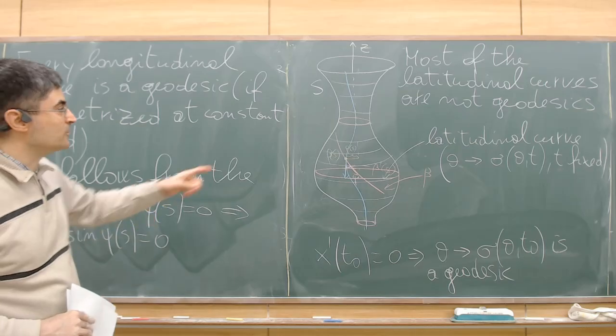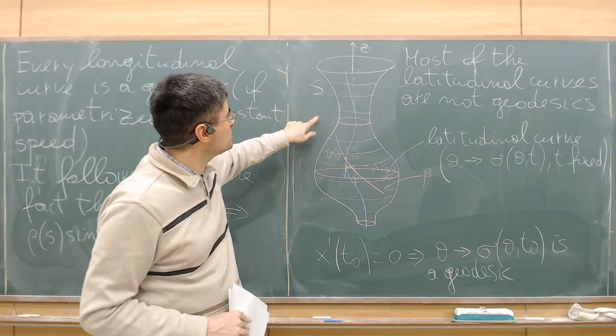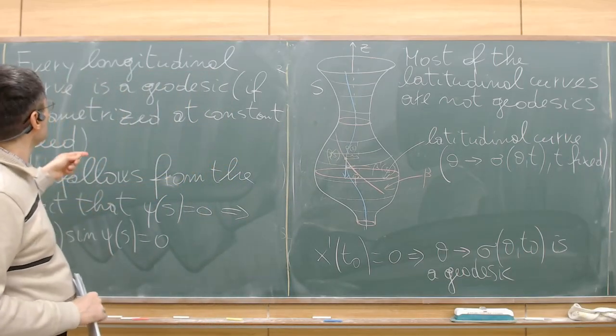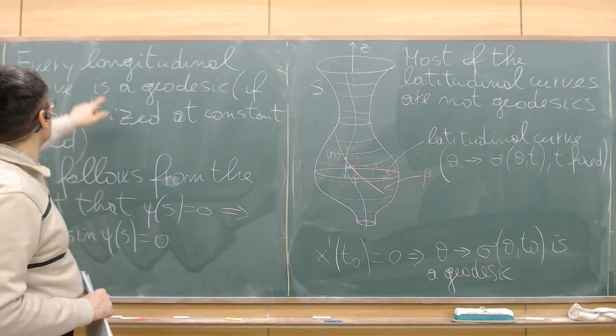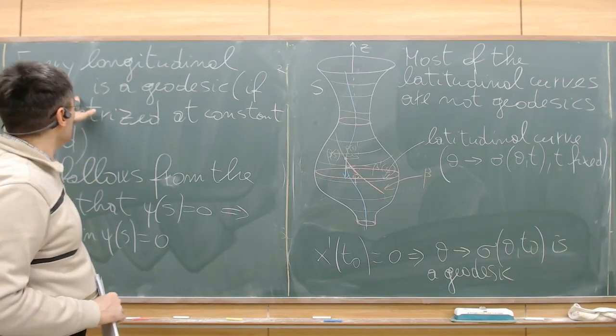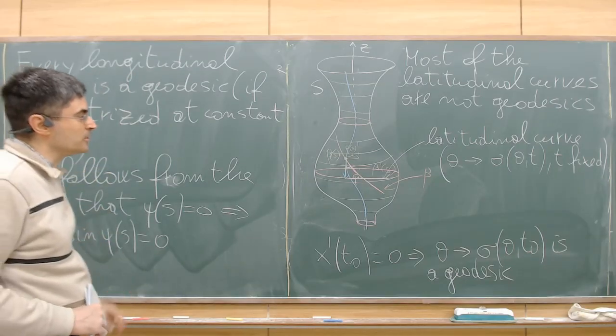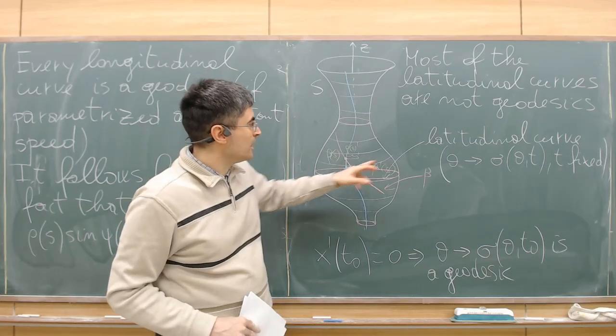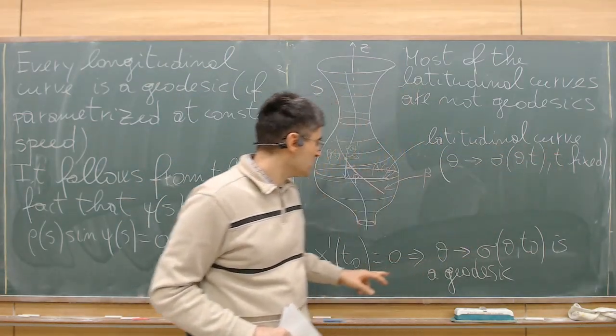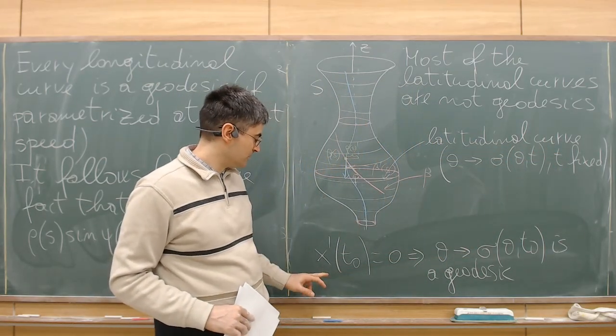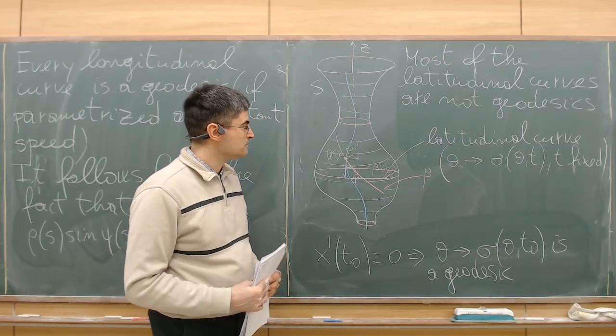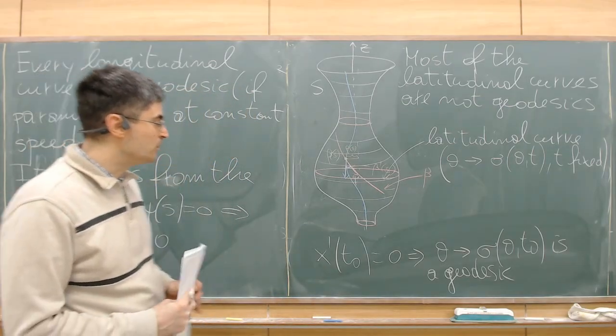For a surface of revolution, the geodesics are the longitudinal curves, and this follows from Clairaut theorem, and only the latitudinal curves for which you have a critical point for the function x of t. We will prove this later.